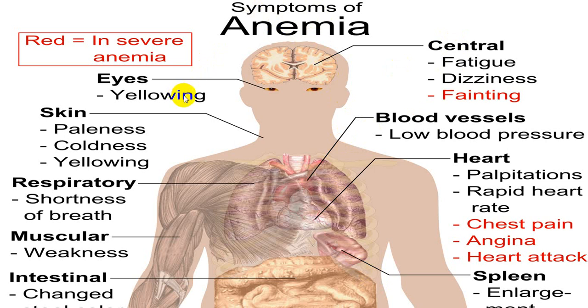Icterus will be common with hemolytic anemia, skin findings, respiratory findings, muscular weakness, change in stool color, central findings like fatigue, dizziness, fainting episodes, hypotension, palpitation, tachycardia, chest pain, angina, even sometimes a person can have an acute MI, and even there will be hepatosplenomegaly.